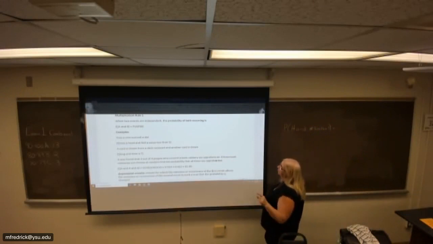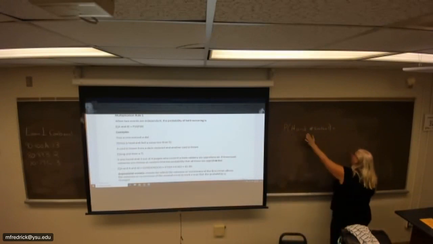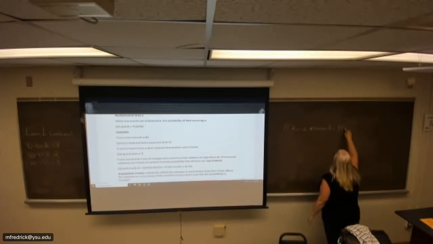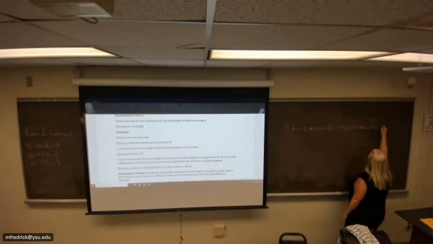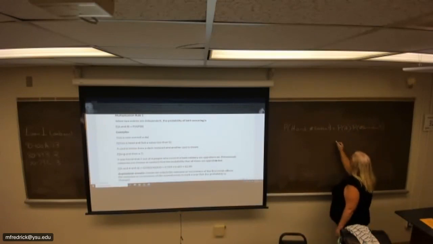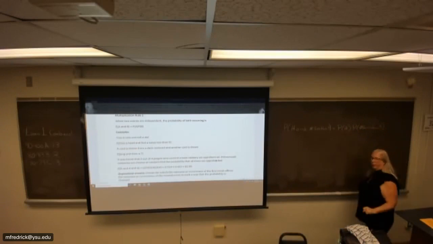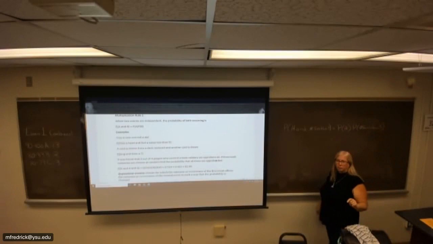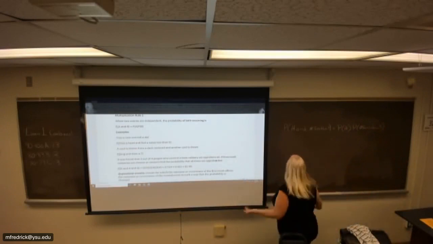What is the probability? Well, since these are independent of each other, we can take the probability of a head and multiply it times the probability. What is the probability when you toss a coin that it will be a heads? One in two.